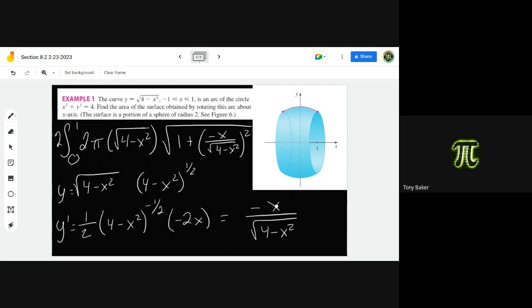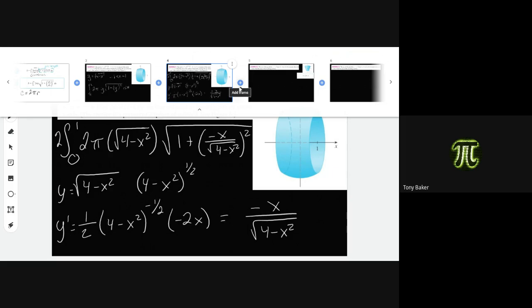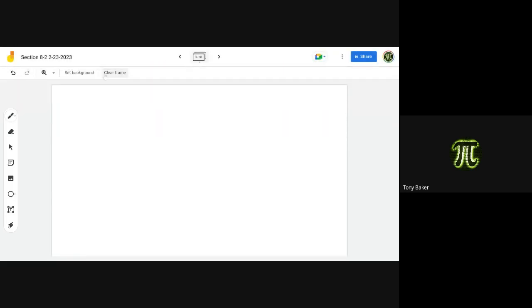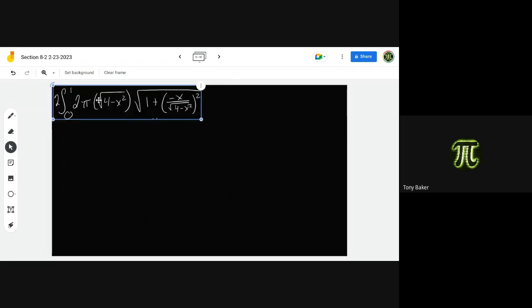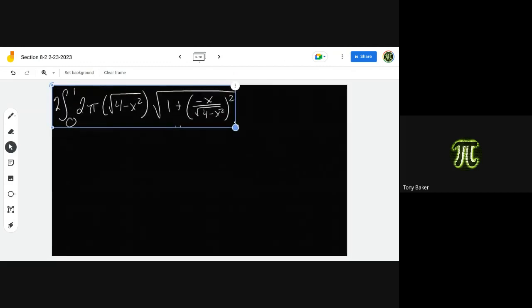So that's where the negative x came from. And then for that to the negative 1/2 power, that just brings the square root to the bottom. All right, is everybody good to that point?